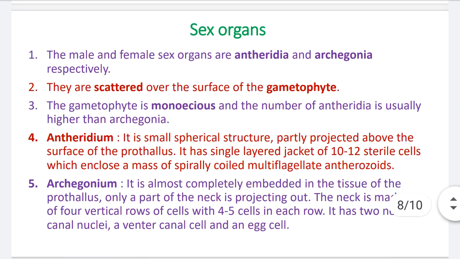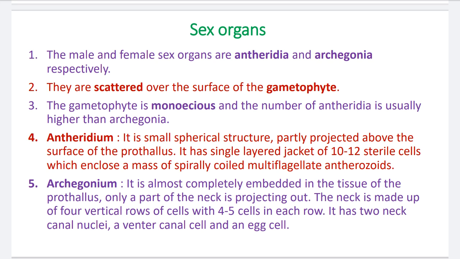Now the sex organs. Point number 1, the male and female sex organs are antheridia and archegonia respectively. Male is the antheridium, female is the archegonium, and both are multicellular structures covered by a sterile jacket layer. Antheridia produce the sperm, called the male gamete.